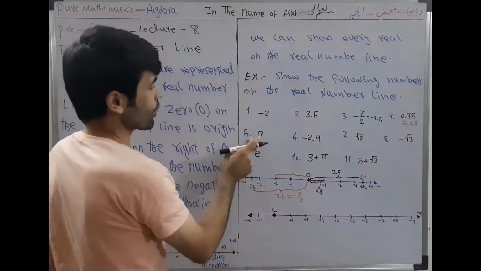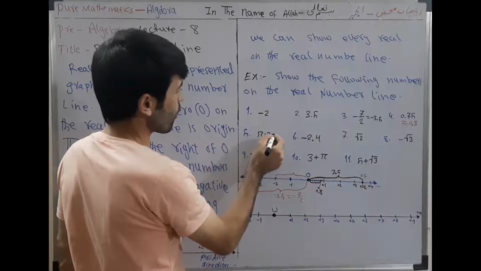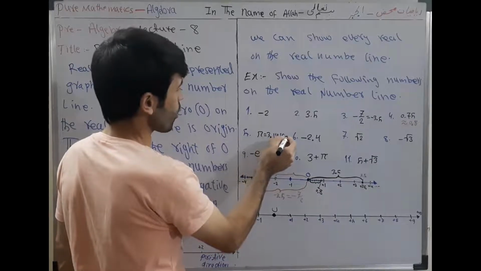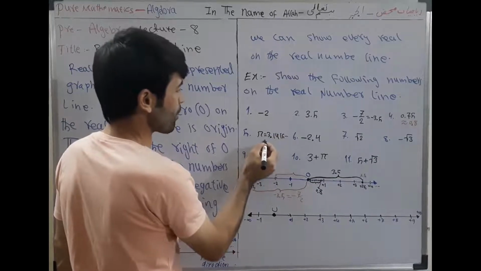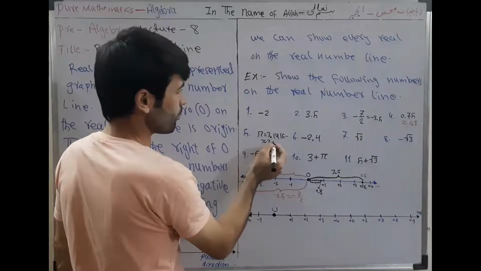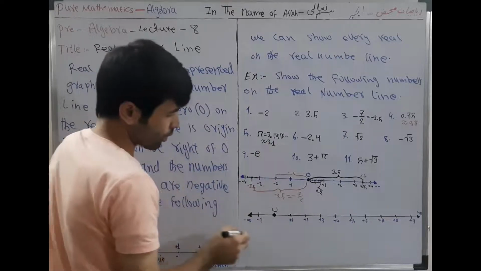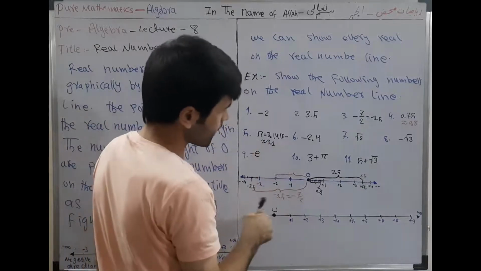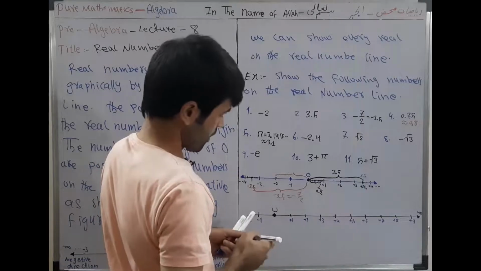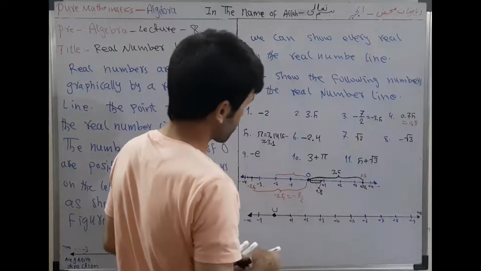Pi is equal to 3.14159, and so on. It is approximately equal to 3.1. How can we write it here?